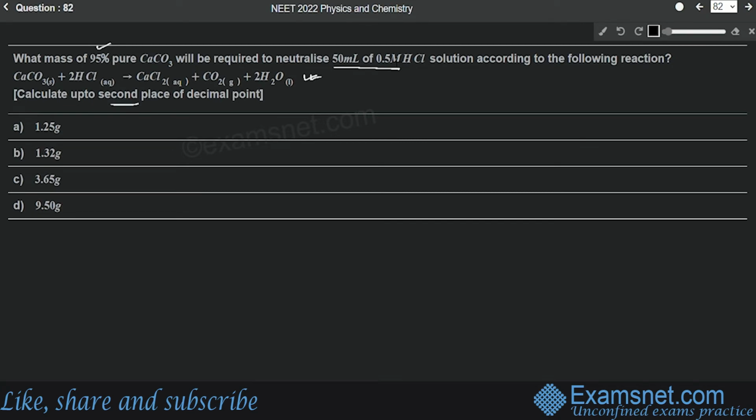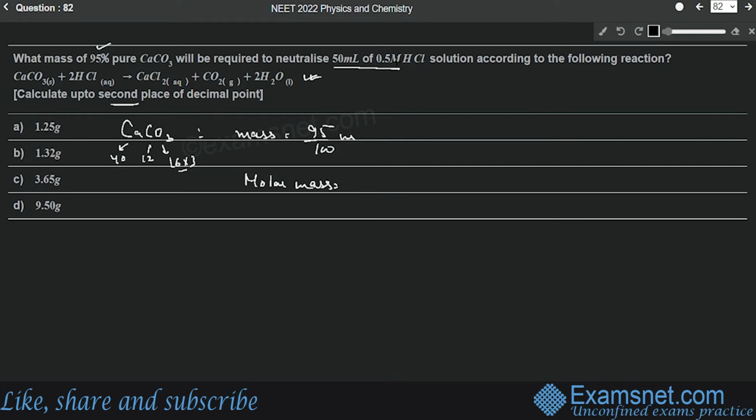Okay. Now let's talk about calcium carbonate first. Mass is what? 95% pure, that means 95 by 100 m. Okay, and molar mass of calcium carbonate will be 40 plus 12 plus 16 into 3, because oxygen has atomic mass 16 and 3 oxygen are there, so 16 into 3.